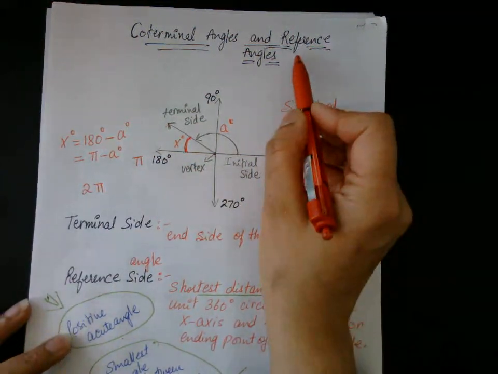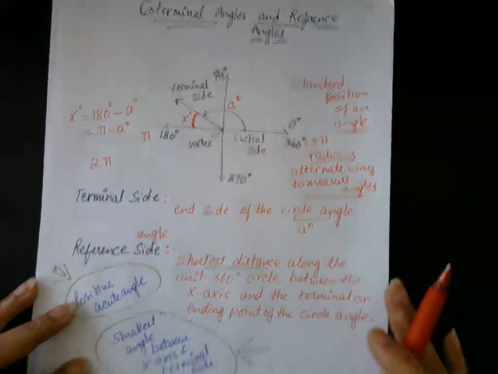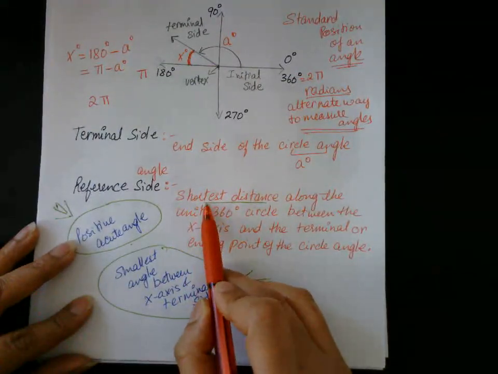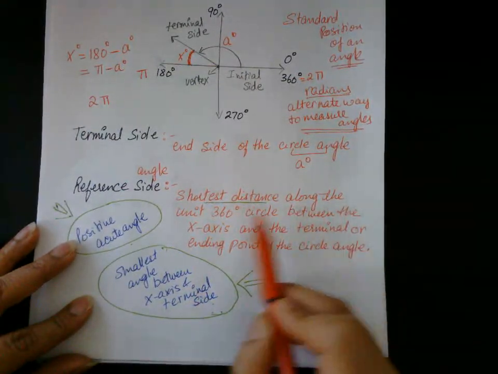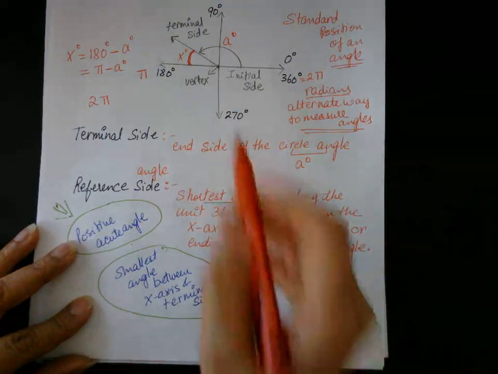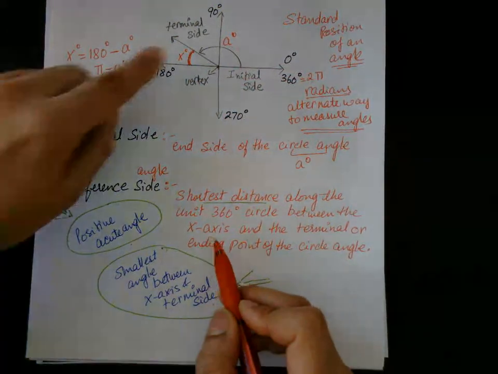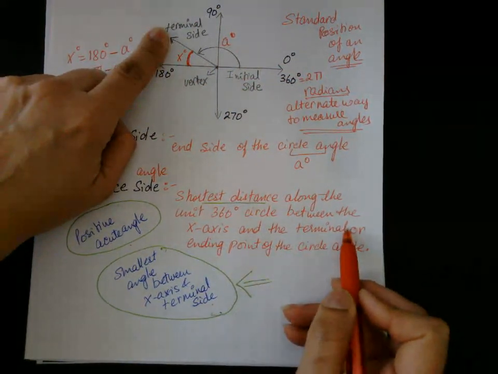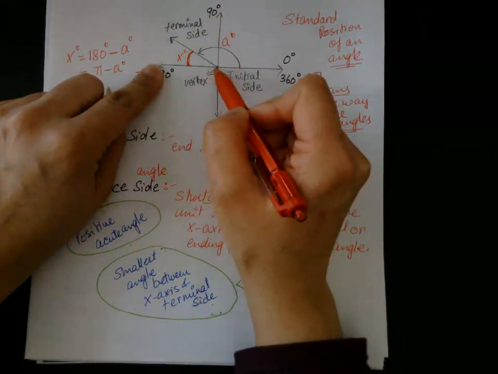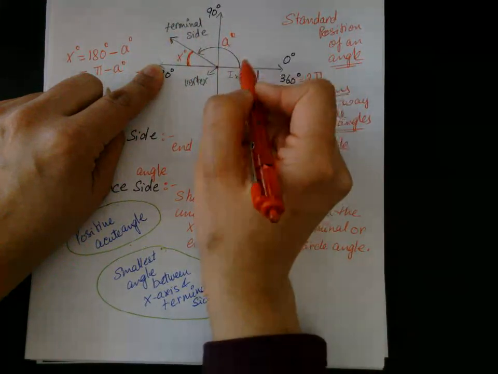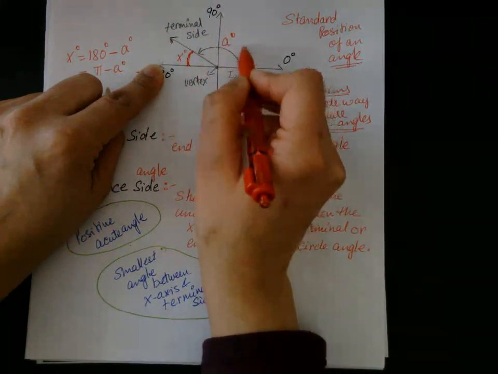Now, another concept is the reference angle. What is a reference angle? The reference angle is the shortest distance along the 360 degree circle between the x-axis and the terminal side. We are not talking about the 8 degree circle angle.